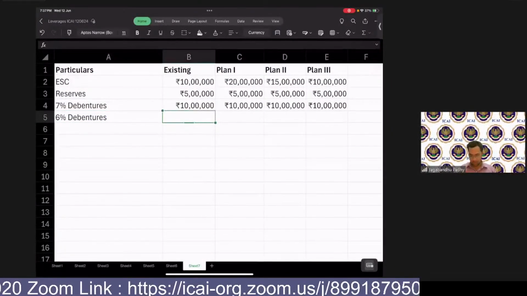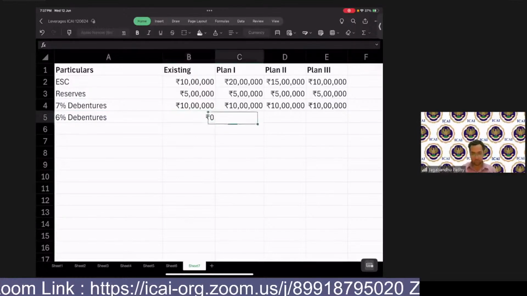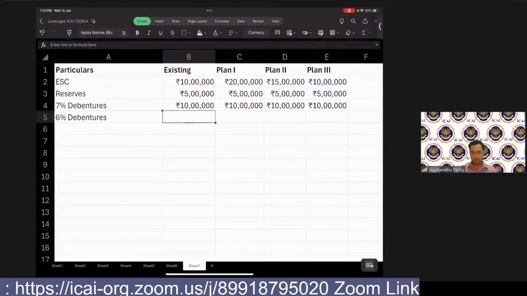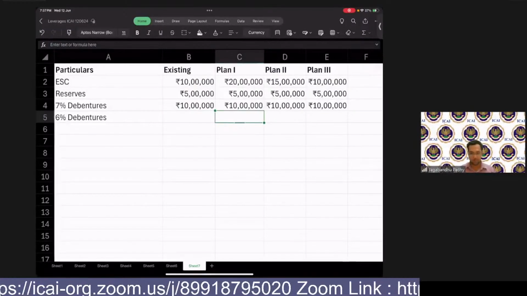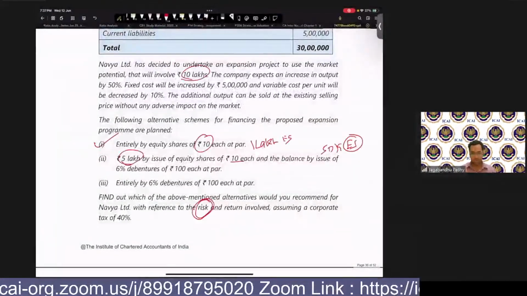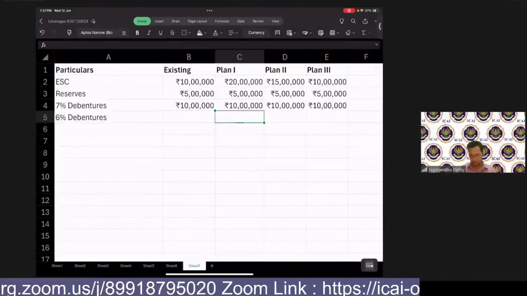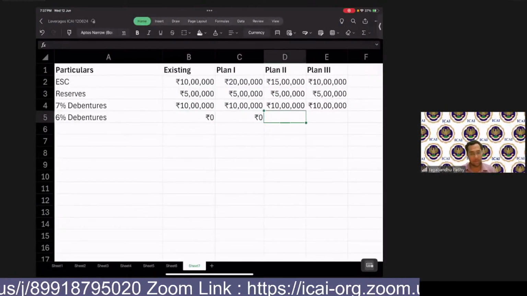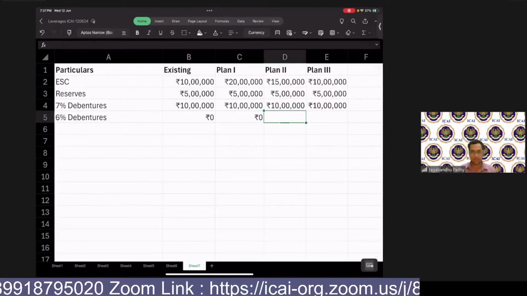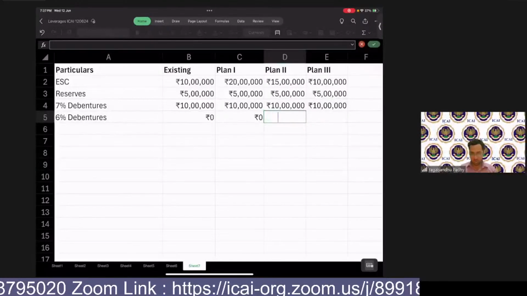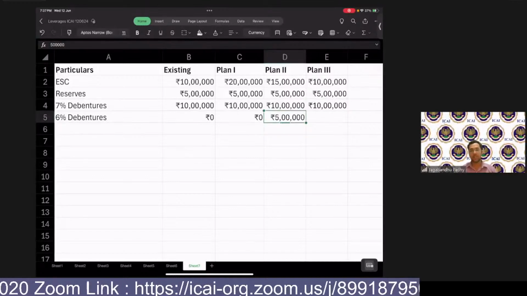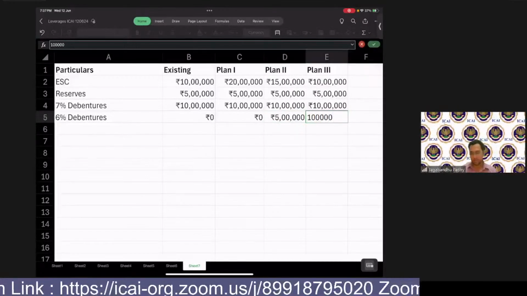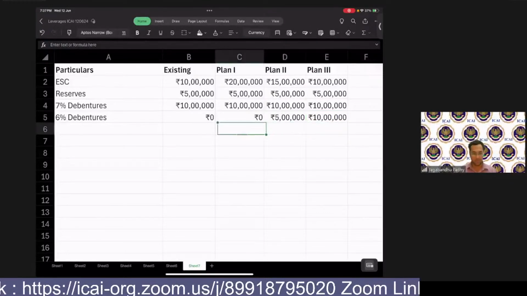In plan one, 6% debentures are not there because there is no issue of debt. In plan two, you have debt coming in to the tune of 5 lakh. In the third plan, the entire money is raised by way of debt.